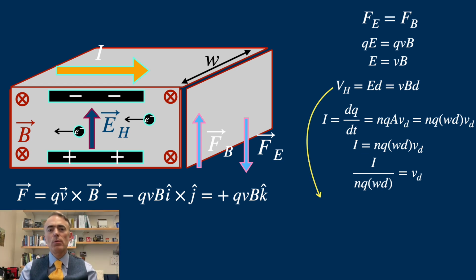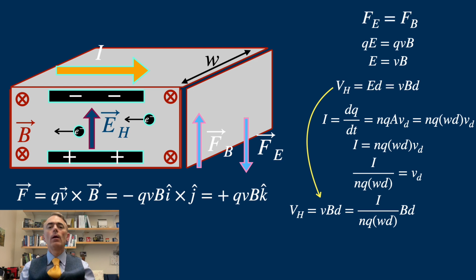Now we substitute in the expression for the Hall voltage and simplify to V sub H equals I B over n q W, where I is the current flowing through the conductor, B is the magnetic field strength, n is the charge carrier density, the number of charged carriers per unit volume, q is the charge of each carrier.